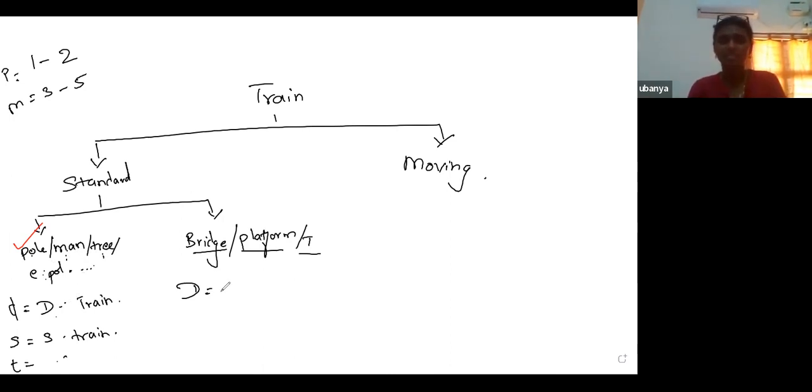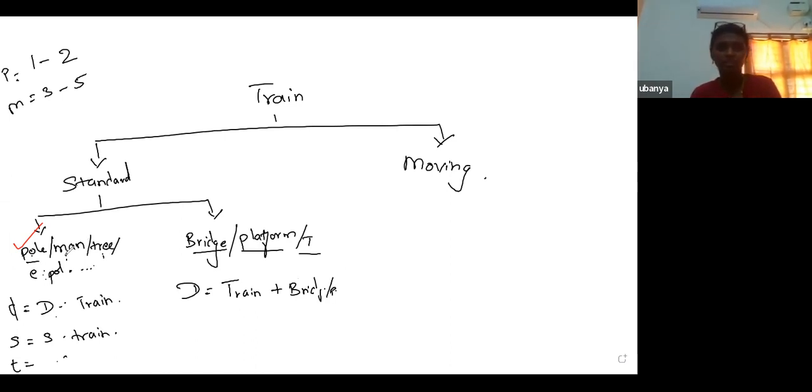In this case, we can't only calculate the length of the train, but we also have to take into account the length of the bridge, platform, or other things, because a bridge has a length, a platform has a length, and another train standing still has a length. So we have to consider both: the length of the train plus the length of the bridge or platform, whichever is given.